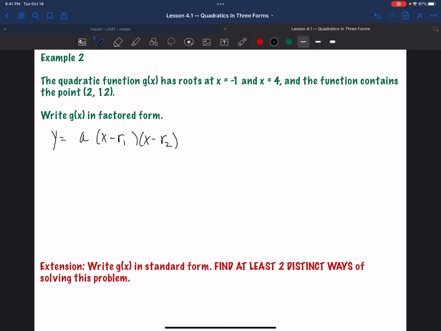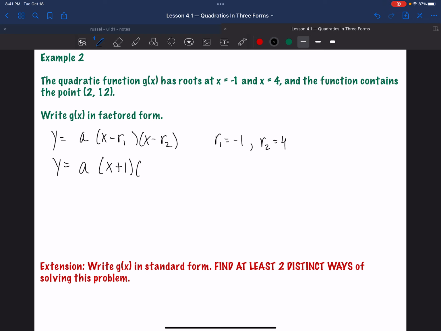Now, I'm given my roots here. The first one is that x equals -1. So my first root, r1 equals -1. And the second root, r2, equals 4. So just substitute these in. Y equals a times x minus -1 is x plus 1.